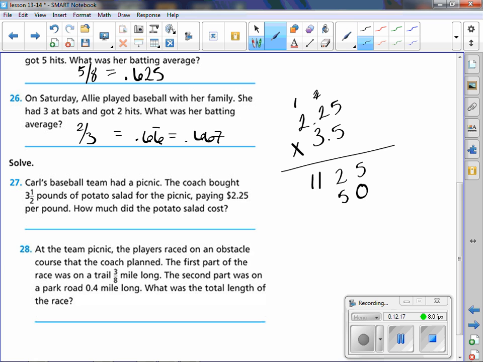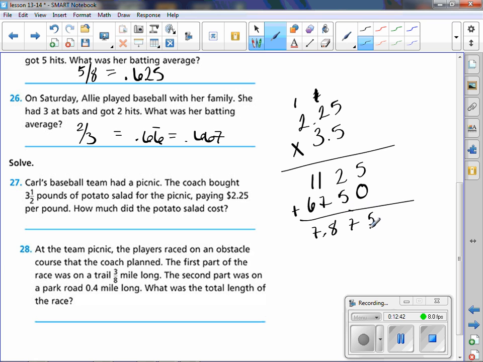Carry my 1. 3 times 2 is 6, plus 1 is 7. And 3 times 2 is 6. Okay, and then I'm going to add down 5, 7, 8, and a 7. And there are how many digits behind the decimals up here? 3. That's how many there need to be behind my answer.